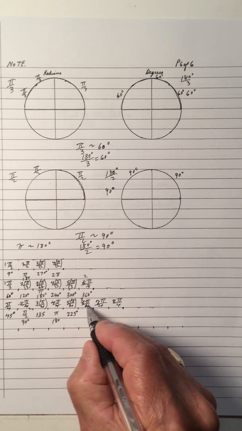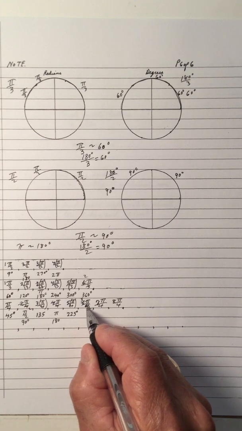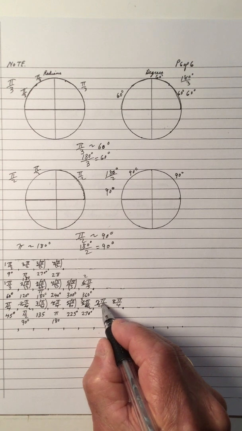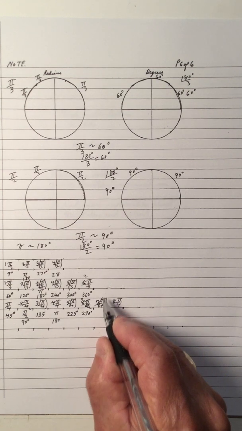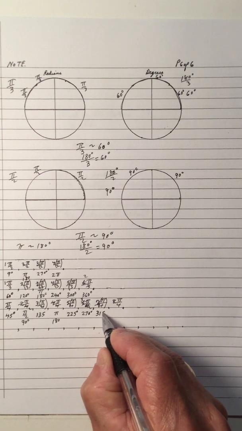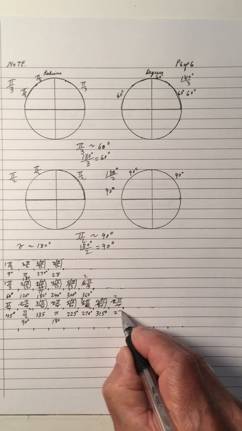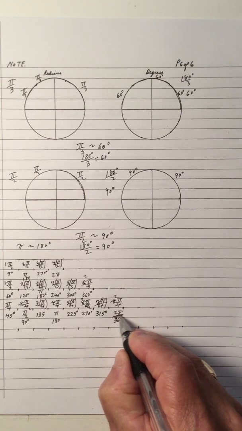This reduces to 3 over 2. So that's 90 times 3, so that's 270. And 7 pi over 4. Pi over 4 is 45, and that's 315 when you multiply. And 4 and 8 goes 2, so that's a 2 pi, which reduces to 360.